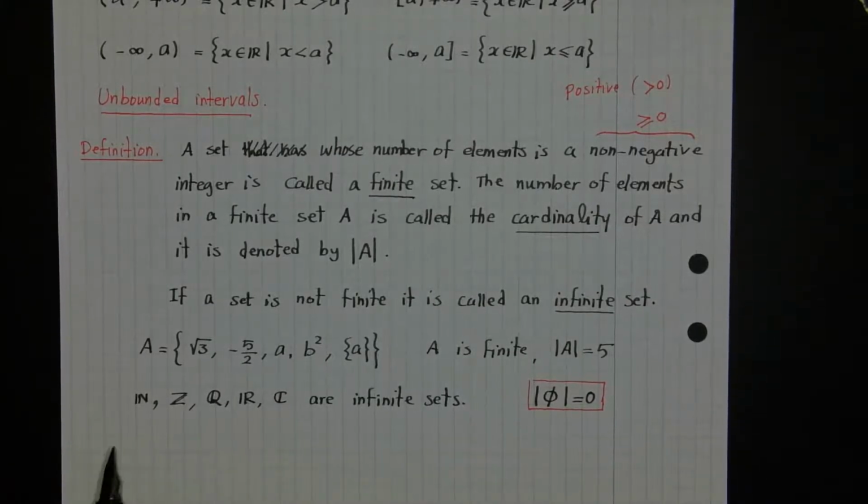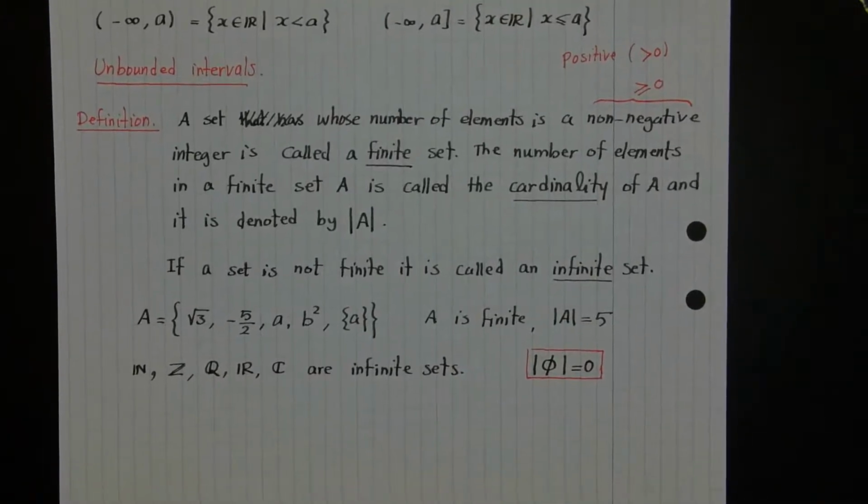But we can also talk about the cardinality of N and the cardinality of Z. Both of them are infinite, but still we can compare the infinities together in set theory. That's a very big success in set theory.